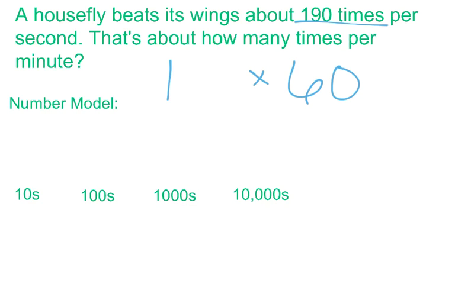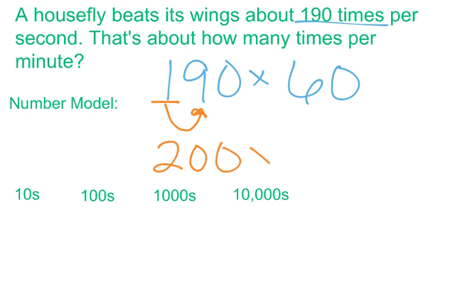And bringing down my 190, well, I'd like to get my 190 to an easier number. I'm going to look over and I know a 9 is bigger than a 5. So I'm going to estimate that 190 to 200. But I'm going to keep 60 the same because it's a pretty easy number to work with.